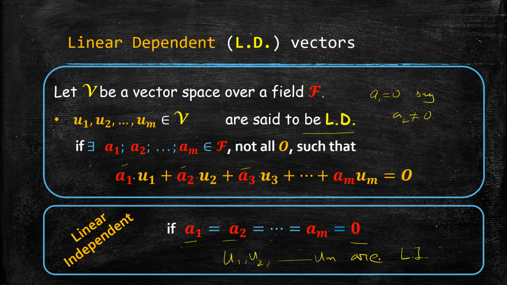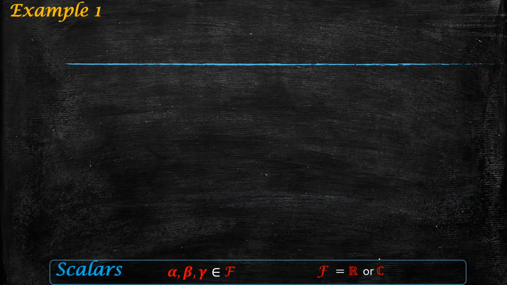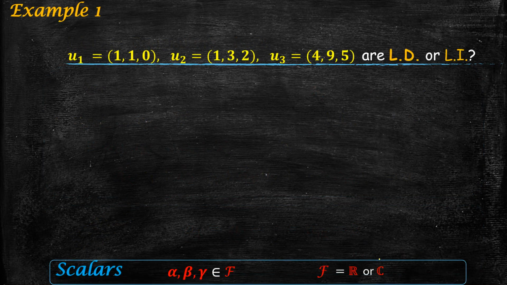Let us explain this definition with the help of an example. Suppose you have vectors u1 equals (1, 1, 0), u2 equals (1, 3, 2), u3 equals (4, 9, 5). These vectors u1, u2, u3 belong to vector space R3. Now we want to check whether these vectors are linearly independent or dependent. In that case, we will move according to the definition.